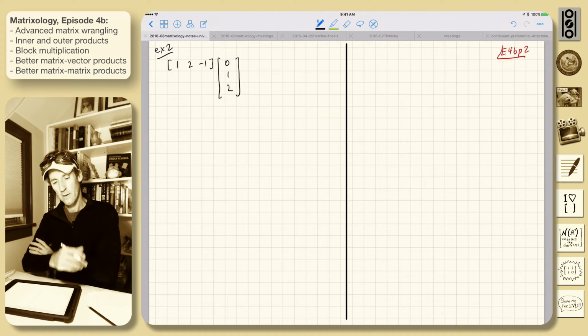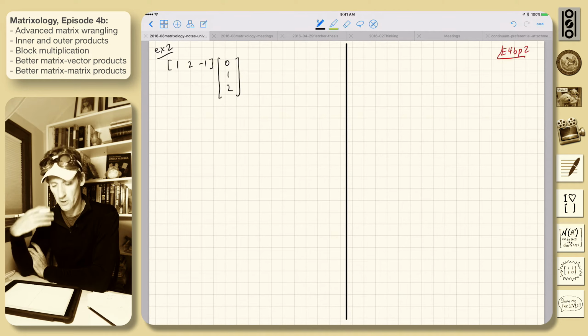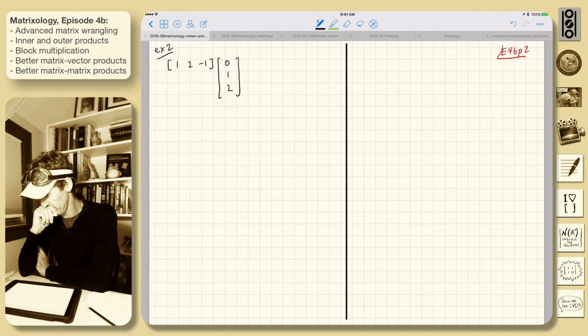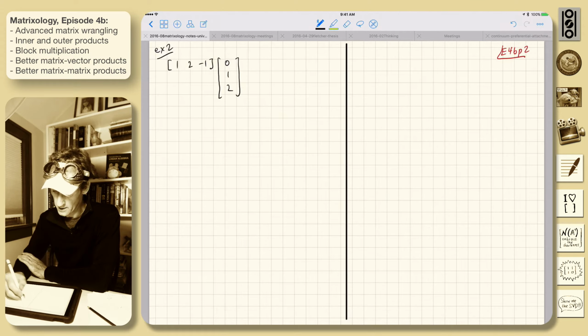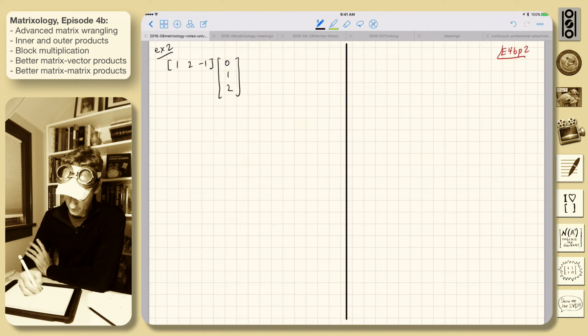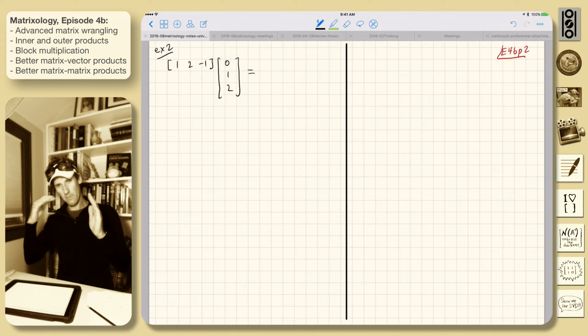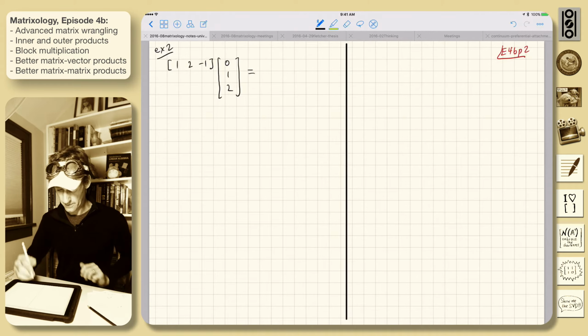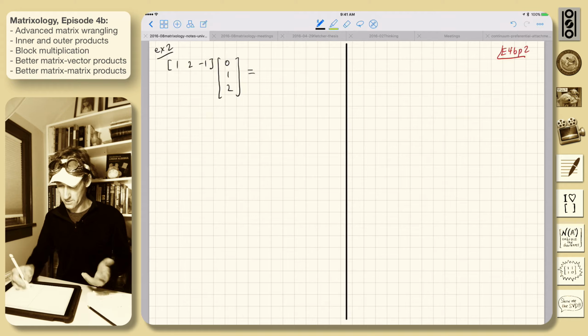This is the matrixology version of the dot product from calculus. Okay, so it's a simple thing. Again, it's defined as dot product. So that's fine.